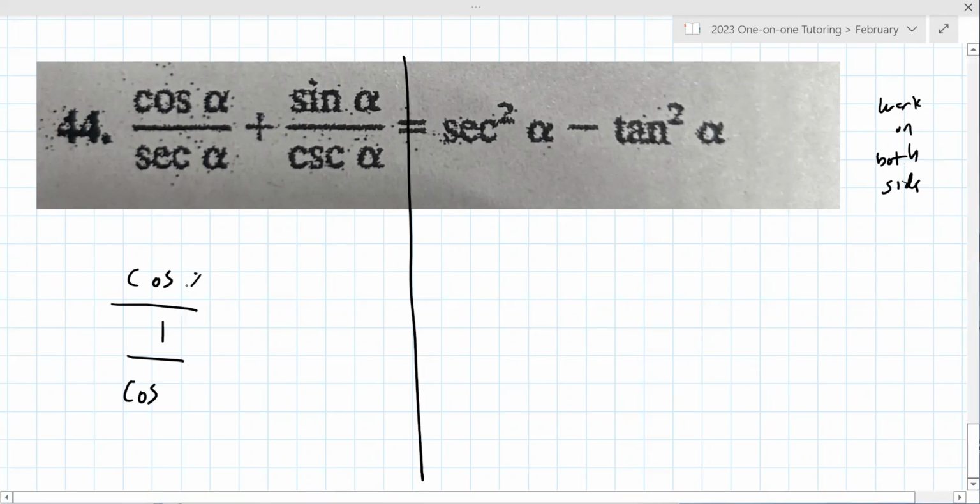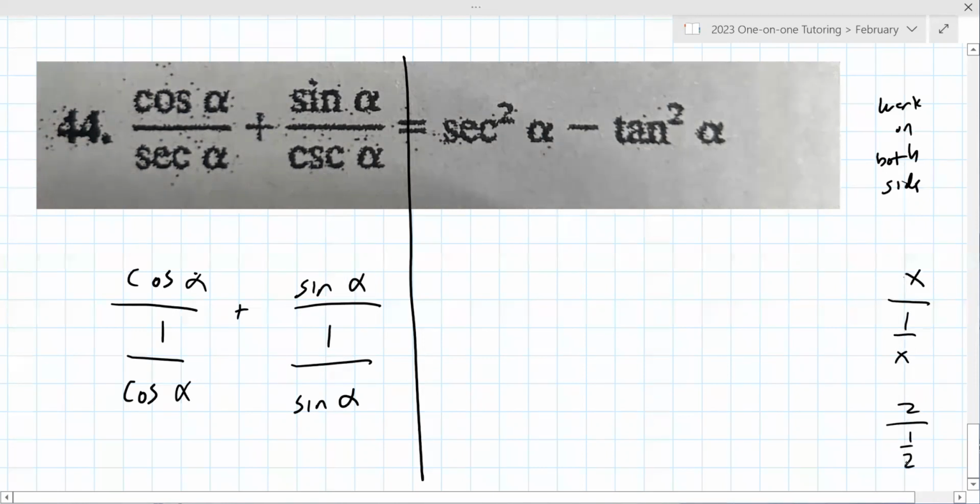Cosine alpha over 1 over cosine alpha, sine alpha over 1 over sine alpha. Can you tell me what these reduce to, or if you're not sure, let me know. You can think of it as analogous to x over 1 over x, or if you like numbers, 2 over 1 over 2.